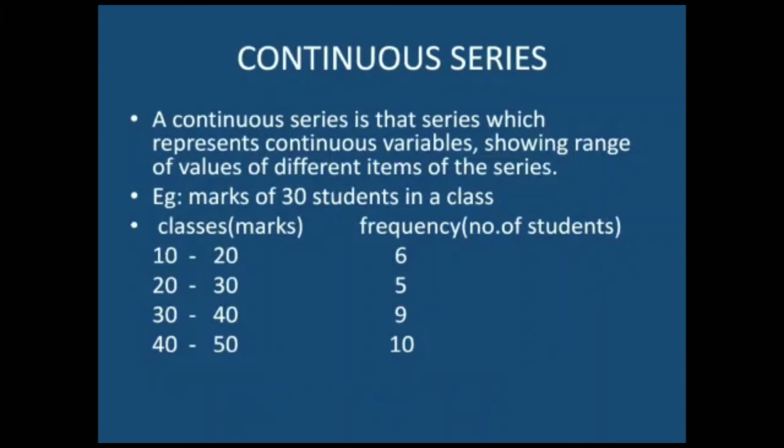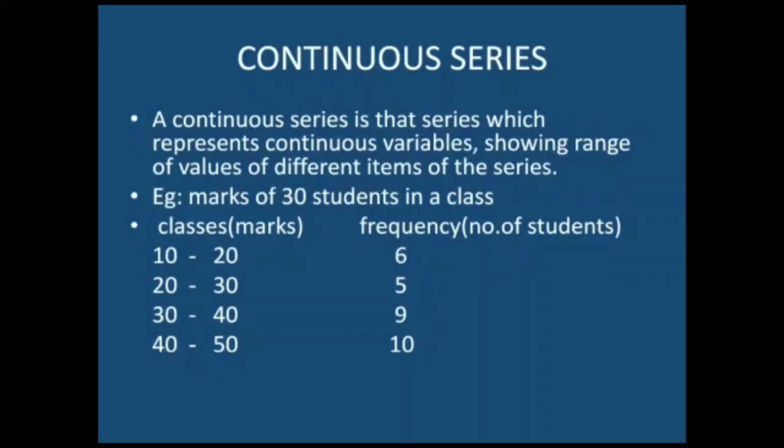Now we come to continuous series. A continuous series is that series which represents continuous variables, showing the range of variables of different items of the series. You can understand this from the example very well. See the example, marks of 30 students in a class. On the left hand side you can see the classes are given, that is class interval. On the right hand side you can see frequency is given, that is the number of students.